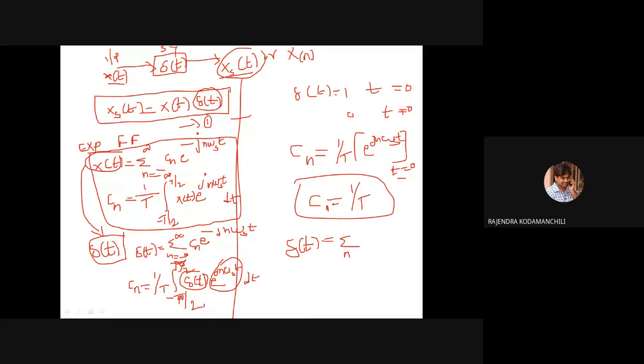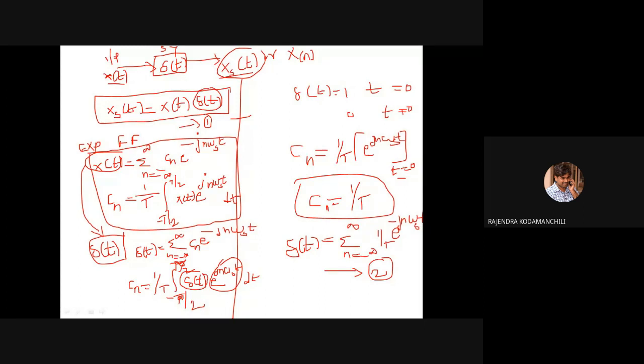Sigma n is equal to minus infinity to infinity, Cn value 1 by T, e power minus jn omega s into t. We are getting this here. Del of t is substituted into equation 1.